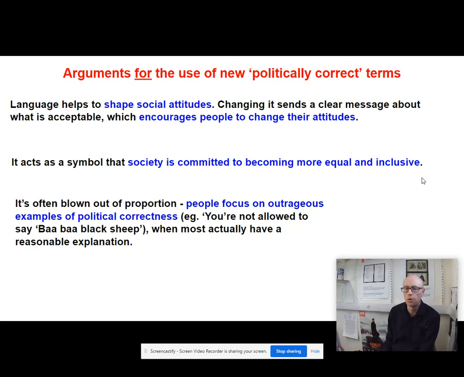They're outrageous examples which don't bear much relationship to reality. They're hyperbolic, they're blown out of proportion. You've got people who say things like, ooh, you can't use the term blackboard anymore, or you're not allowed to say black sheep. So what they do is they misrepresent the arguments that are being put forward in order to demolish the PC argument.